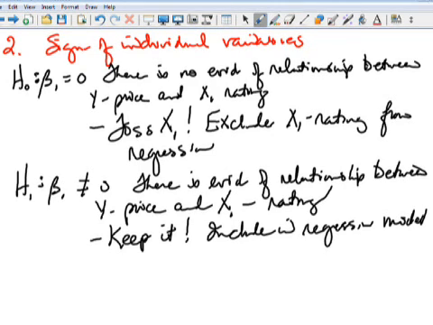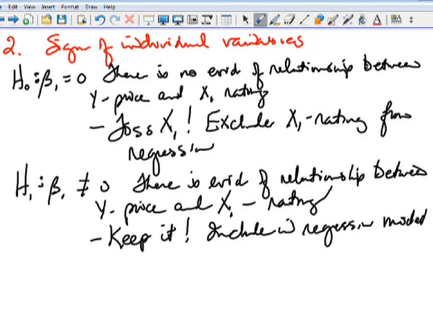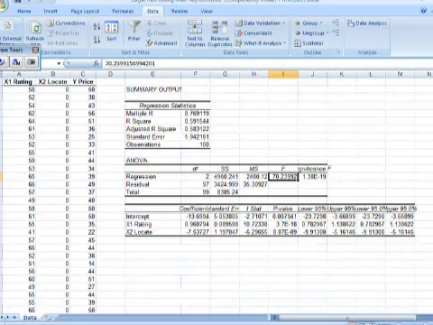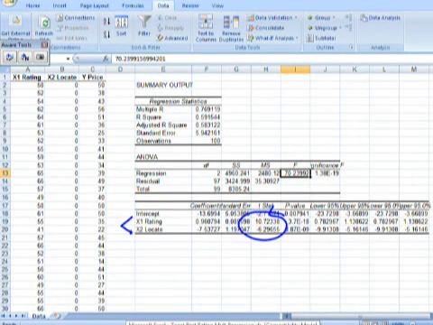From a shortcut perspective, we'll now look at the t-value associated with the slope of X1 in Excel. And you will see from your screen it is 10.7. That means that it is 10.7 standard deviations from the center. It is at the extreme end of a tail, much greater than the rule of thumb of 2.5 that we would expect to see separating our reject and our do not reject regions.